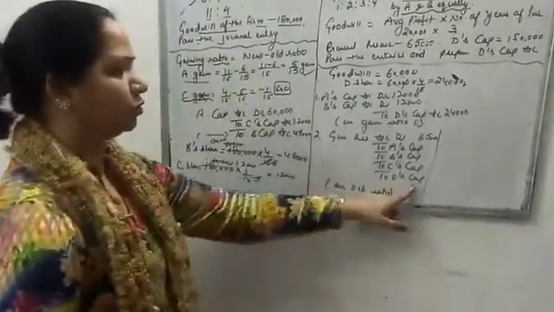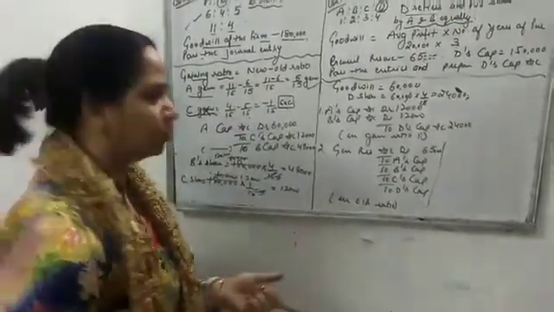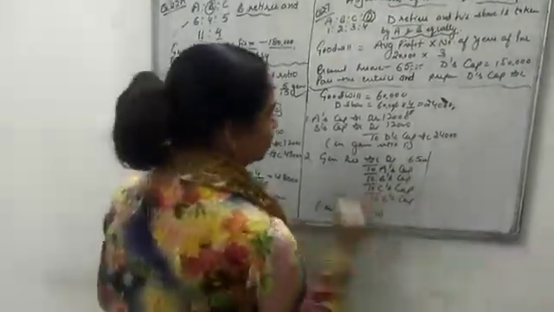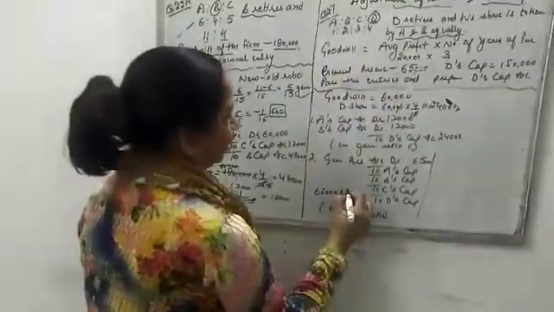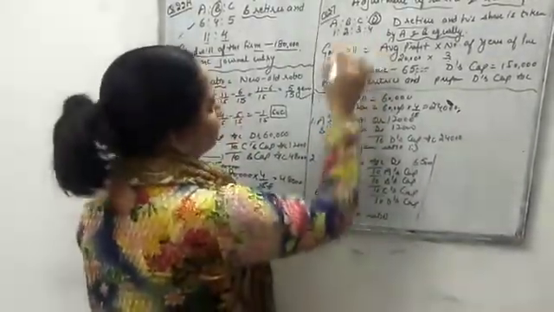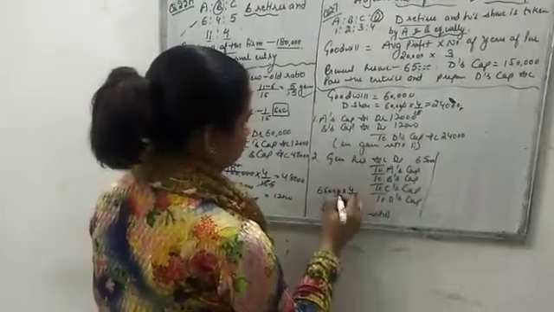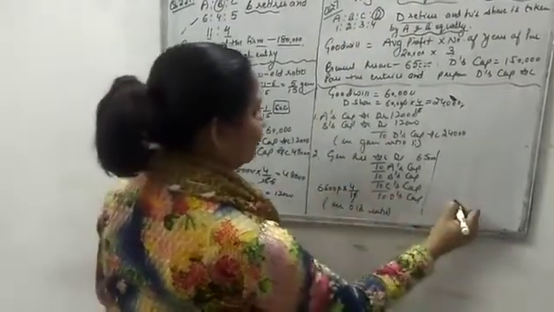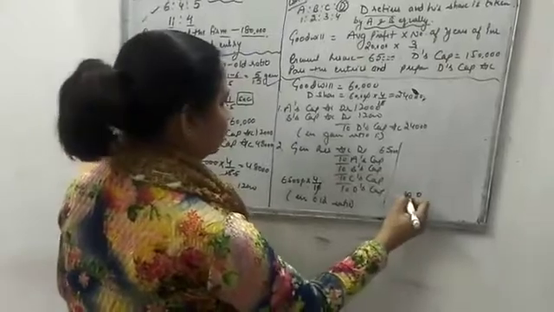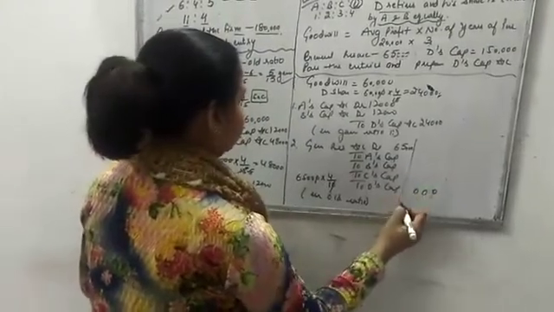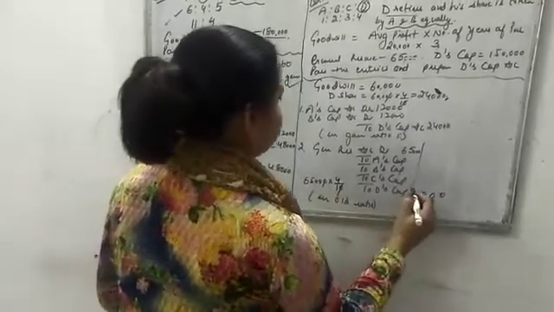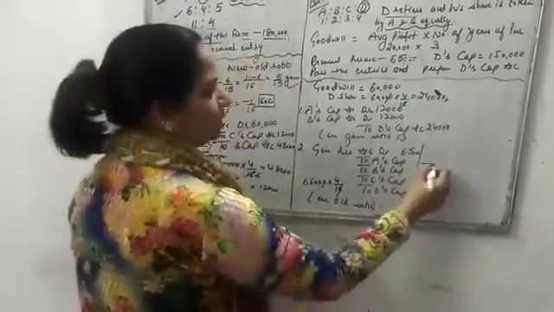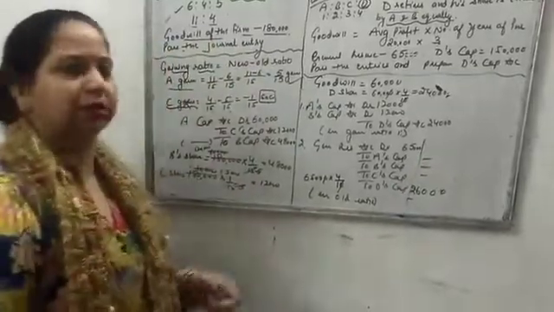Here I am going to calculate only D's share because we have to make D's capital account. Out of 65,000, D's share will be 4/10. It comes to 26,000. In the same way, all will be calculated.